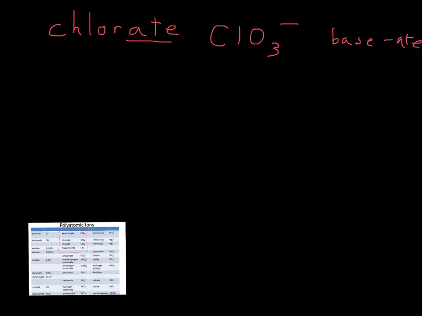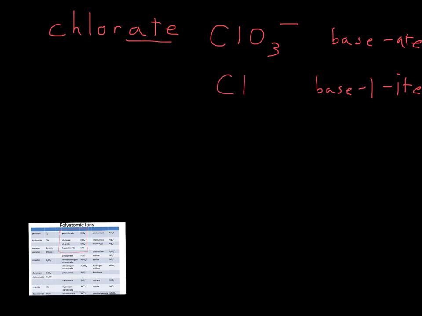We declare 1 form the -ate form. If we write a combination of chlorine and oxygen that has 1 less oxygen, so we call our base form the -ate form, and then if we take away an oxygen, in other words, have 1 less oxygen, we refer to that form of the polyatomic ion as the -ite form.